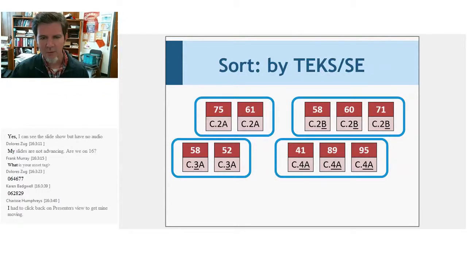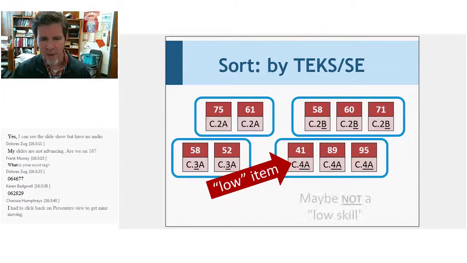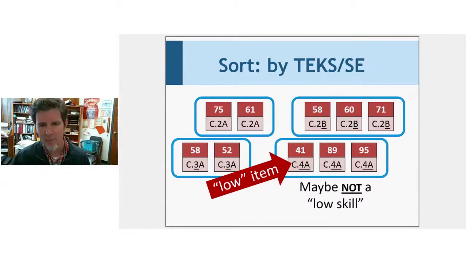Well, it's because a lot of times they'll have multiple questions over the same skill, and that's how you could group them together. For example, looking at that item right there that only 41% of kids got right, that might not necessarily be a low skill, because the other 2 items from the same skill had much higher percentages. So that might be just a problem with the question instead of the skill.